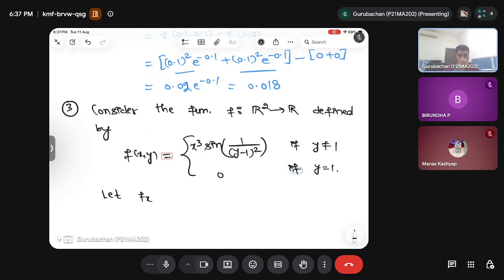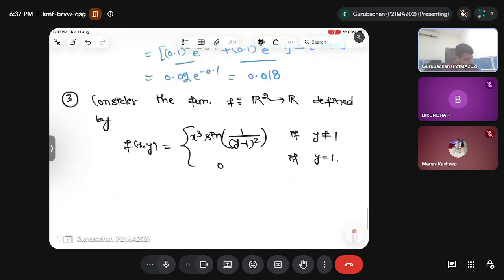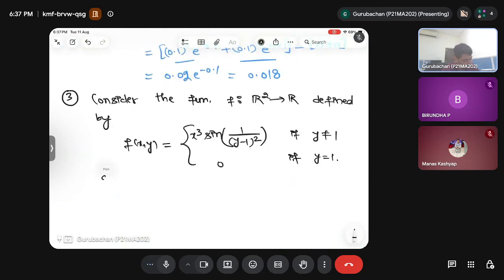Let fx, fy be the partial derivatives. Obviously you know what fx and fy are; I'm not repeating it. We need to discuss the differentiability or the existence of fx and fy at (0, 1). So examine the differentiability of f, and fx, fy at (0, 1).